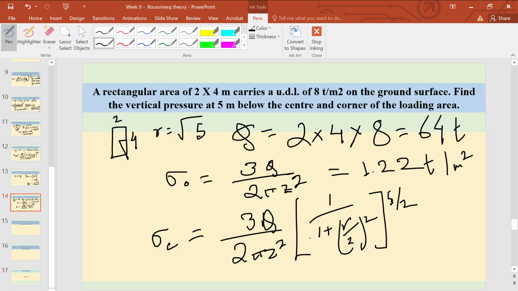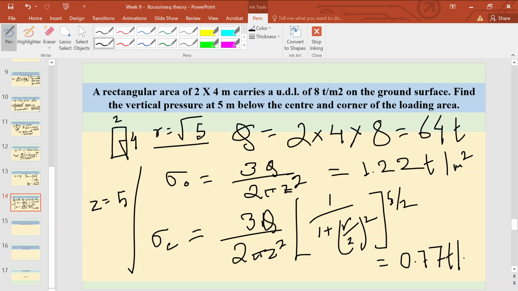R is equal to root 5 and z in the two scenarios, z equals 5, right? Z equals 5. So have you got any value? I think I am getting 0.77 over here. Yes, sir. Same. 0.77 ton per meter square. Correct, sir. Yes. So this is the value.